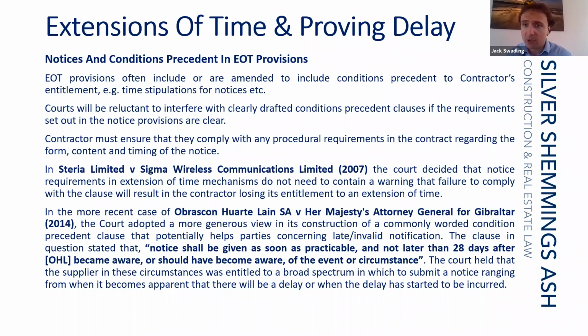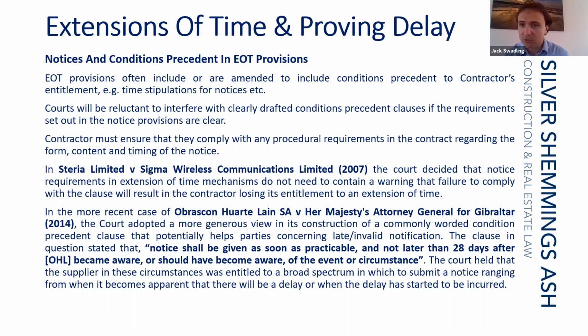Now, it is very common for contracts to include conditions precedent on contractors' entitlement to claim an extension of time. And this might be a strict time limit. It might be making reference to a provision of a notice as soon as practicable and no later than when the contractor should have become aware of the delay event.